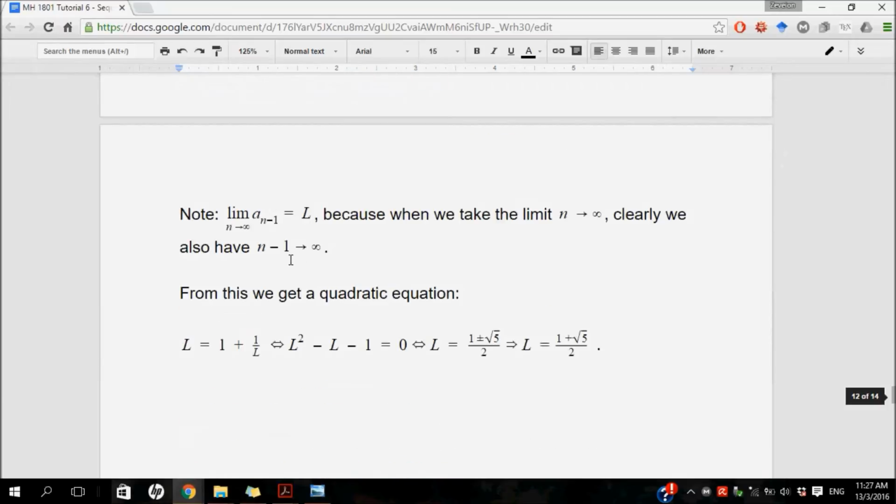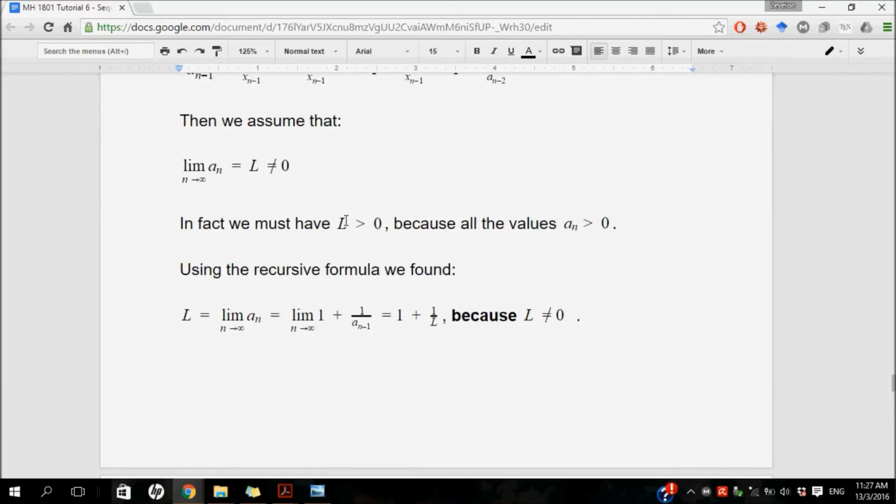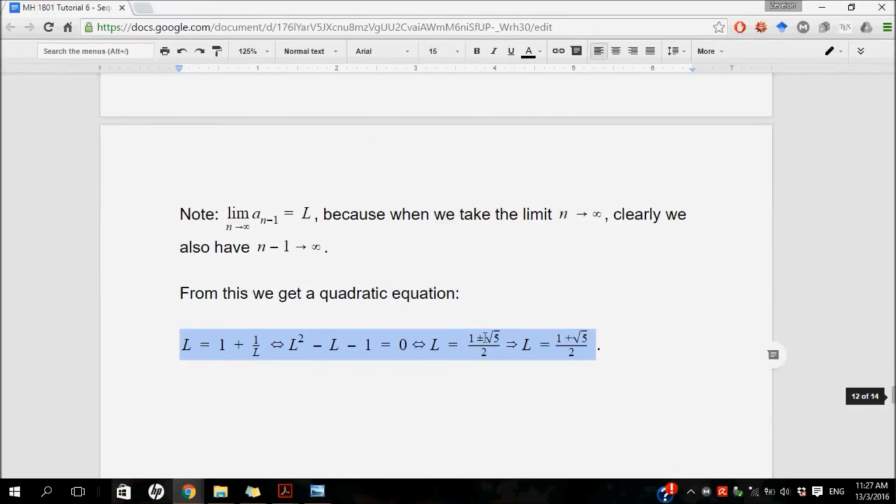And from this, we obtain a quadratic equation. This is the equation that we got. Multiplying throughout by L would give us this equation, and solving it would give us these two roots. And we know that L is positive, so we would have to reject the root which is negative.